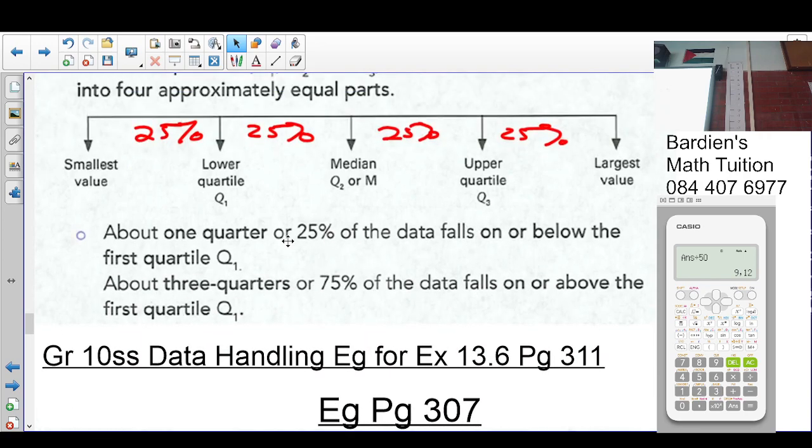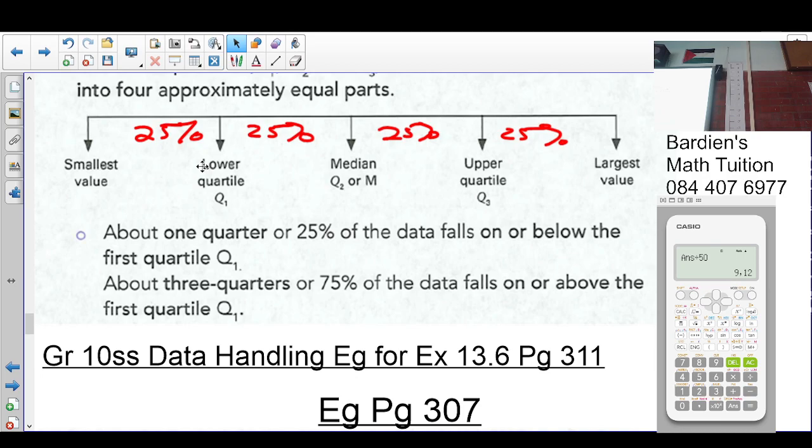We are told that about 1/4 or 25% of the data falls on or below the first quartile. You see, sometimes that 25% is on this line, on Q1, especially when the data is repeated and the mode is around this point. So that is why they are emphasizing on or below.